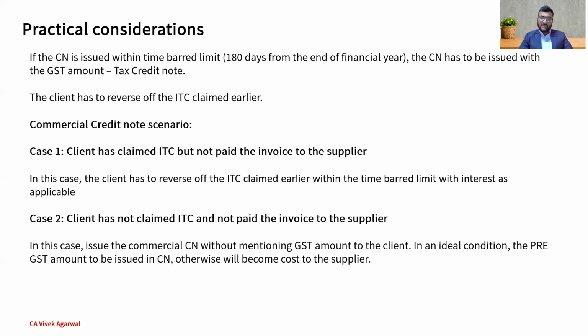Suppose he claimed it in April, but he is reversing it off in September, just before the time barring. In that case, he has to reverse off the ITC along with interest for the 4 months. So May, June, July, and August and September. Pardon me, for 5 months.